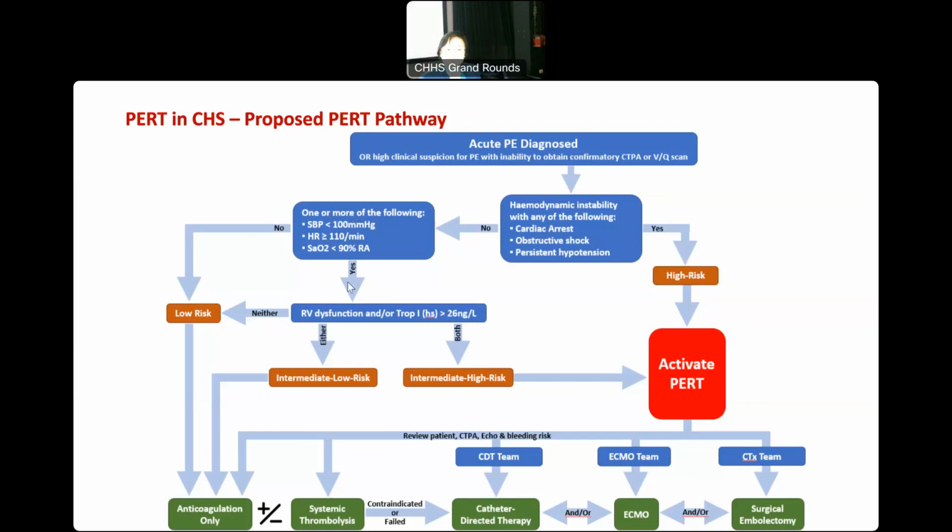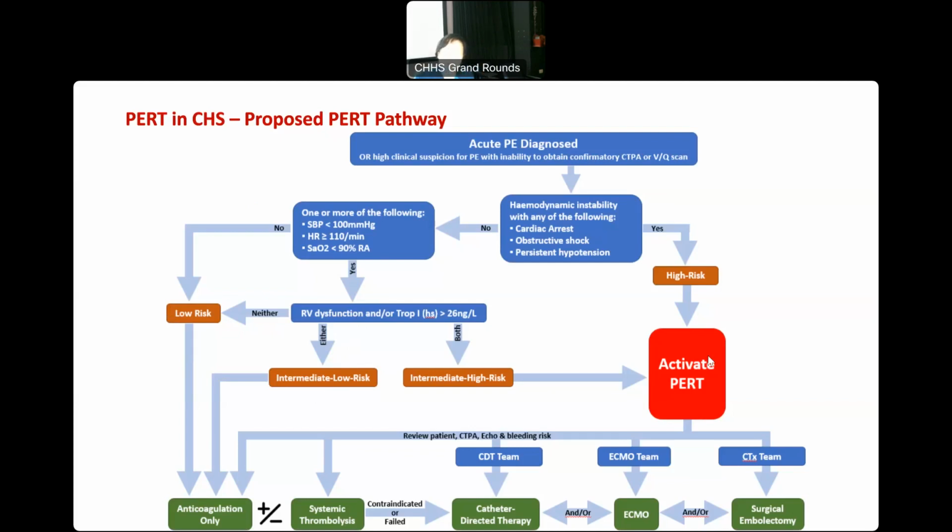So if you meet any of these numbers, remember, PESI says your risk of 3 months mortality is from 1% to 10.9%. So you have one of them, you investigate. Investigate RV dysfunction and troponin. If you have both, you are intermediate high. You refer to PERT. If you are low risk, you have none of these factors, you don't even need to investigate. You are low risk, or you only have one of these, you are intermediate low risk.